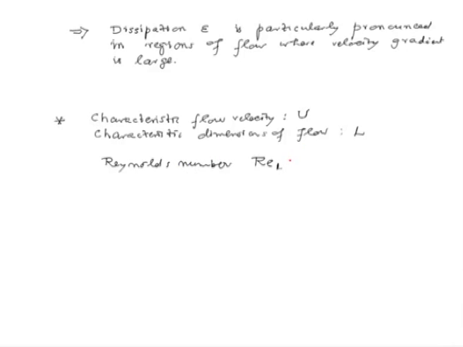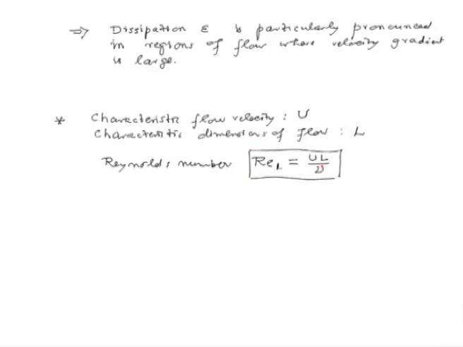It could be the diameter of the tube, the width or depth of a channel, or the wingspan of an aircraft, depending on where the flow is taking place and what is the flow of interest to us. Re_L is U into L by nu.